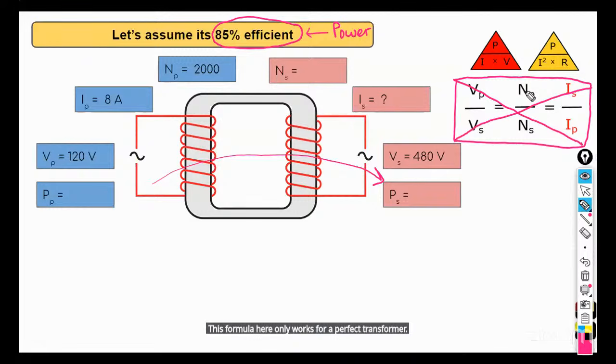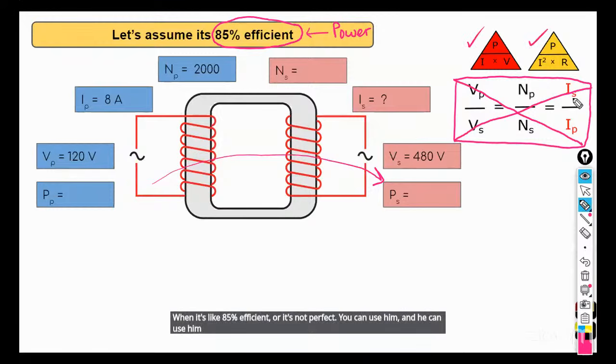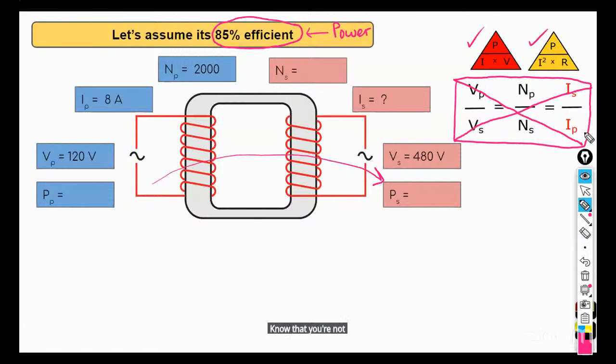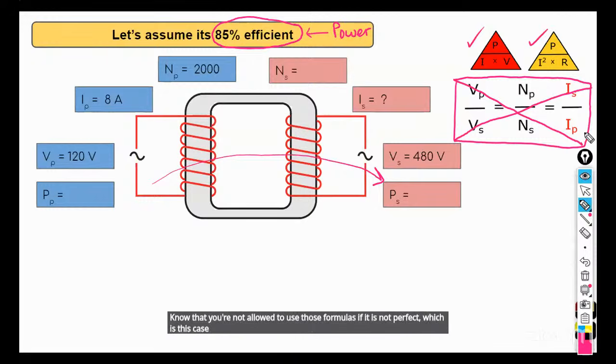So you're never allowed to use these formulas when it's 85% efficient or not perfect. You can use this one and this one, but not this piece underneath. So if you wrote this down, cross it out. So you physically know that you're not allowed to use those formulas if it is not perfect, which is this case. So how do you go about this now?